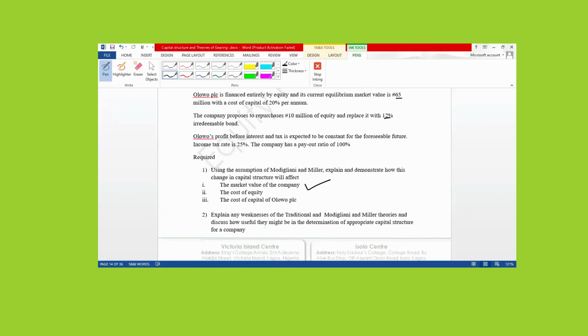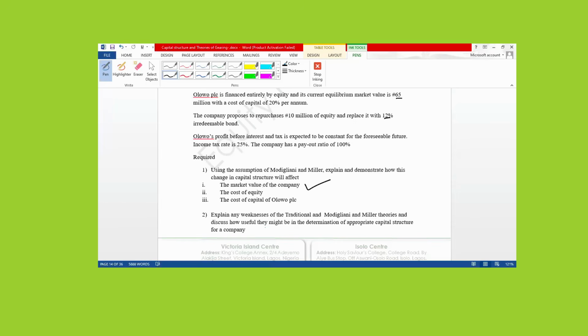The theory says that a company has an optimal level of borrowing. That is the optimal level of capital structure. To attain that optimal point, it is the point where your weighted average cost of capital is at the minimum.